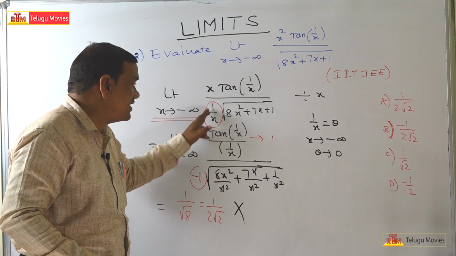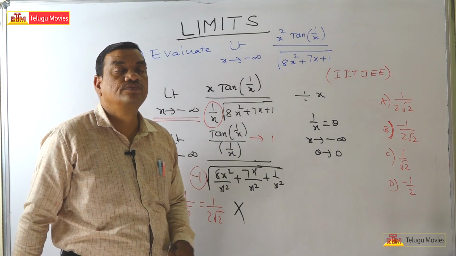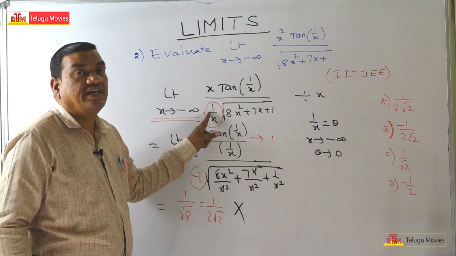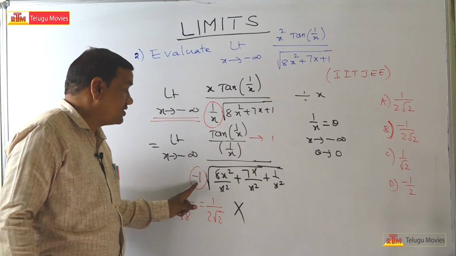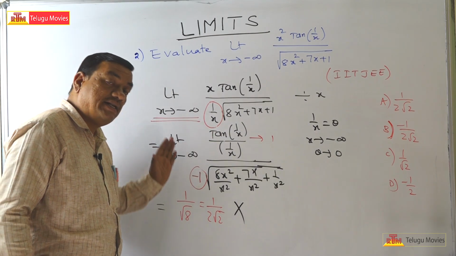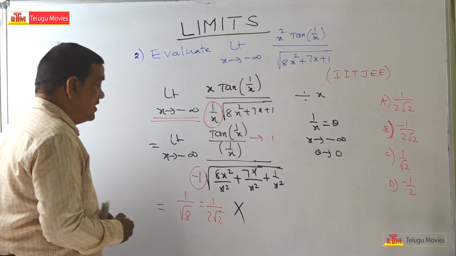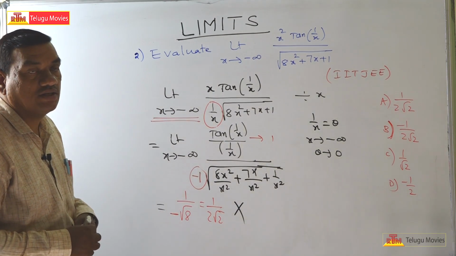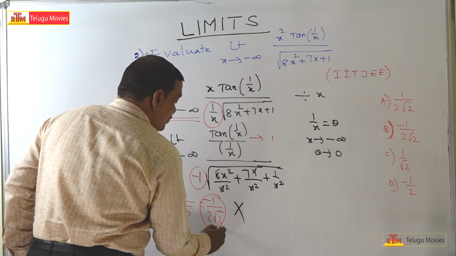Then how can you send that 1 by x inside the root? That is the mistake. So take that negativity, minus 1, outside the root and take 1 by x inside the root. Then this will become minus root 8 and your answer is minus 1 by 2 root 2.